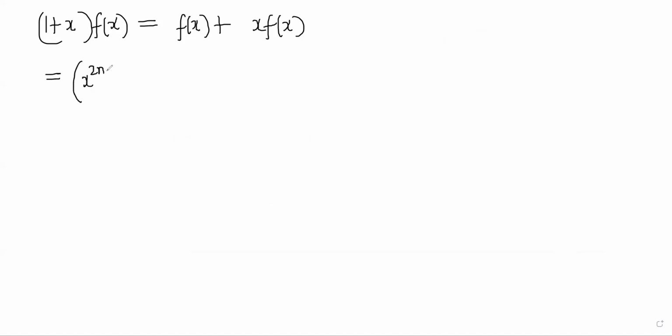So what is 1 plus x times f of x? That is basically f of x plus x times f of x. So if you think about that, what was x times f of x? That was x power 2n plus 1 minus 2x power 2n plus 3x power 2n minus 1 minus 4x power 2n minus 2 and so on till 2n plus 1 x.